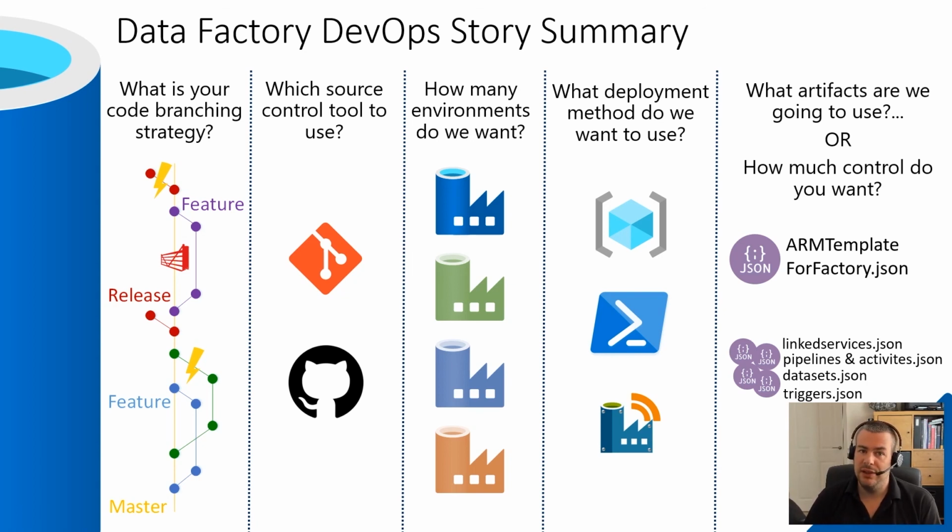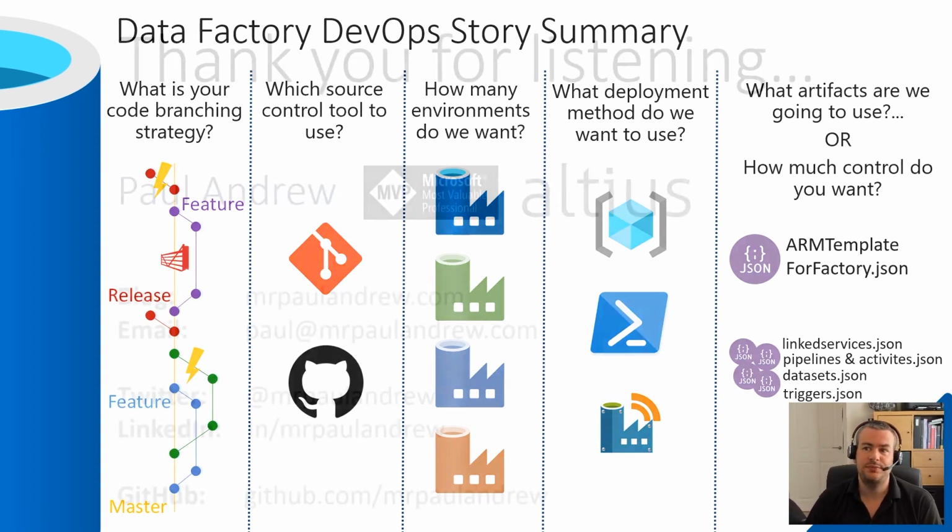The deployment method, either with those artifacts against your master branch or maybe the ARM template, you need to decide. And then given those artifacts, what method you're going to use. You could use PowerShell for the ARM template as well if you wish. So, some things to think about, hopefully summarized nicely in this slide.